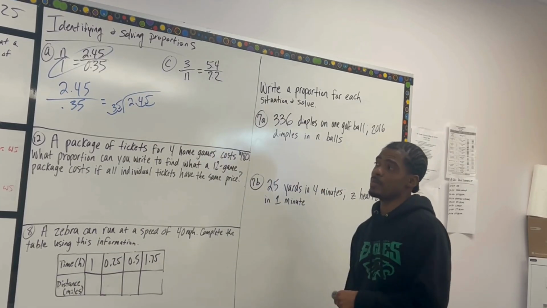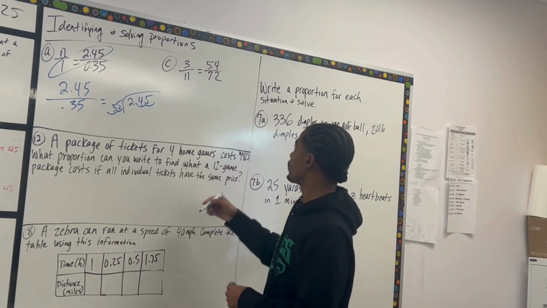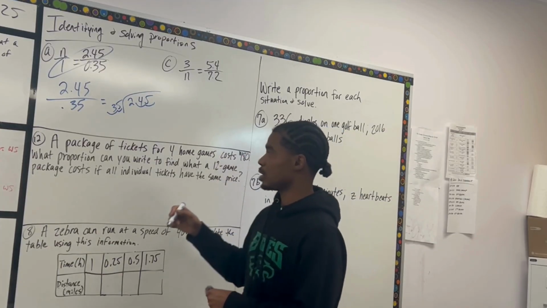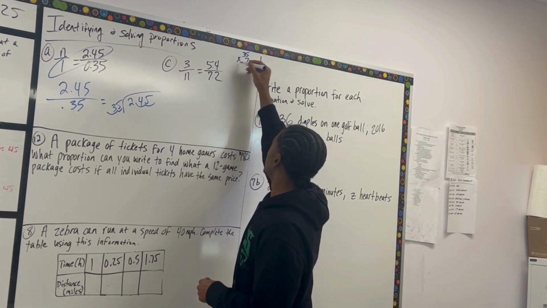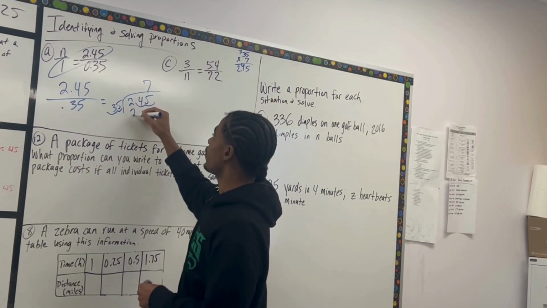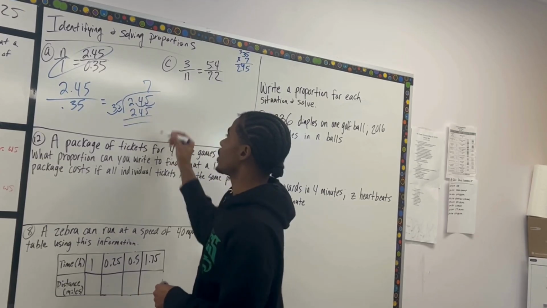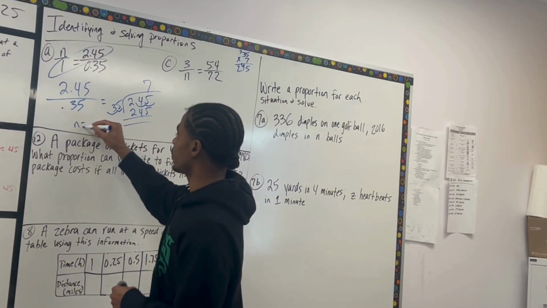So maybe 35 times 7. If we times that by 7, that would give us our answer for n. So I'm going to say n equals 7.